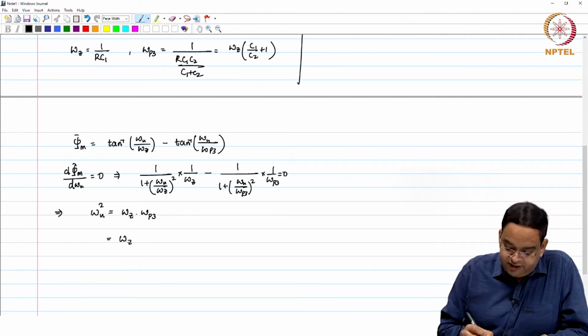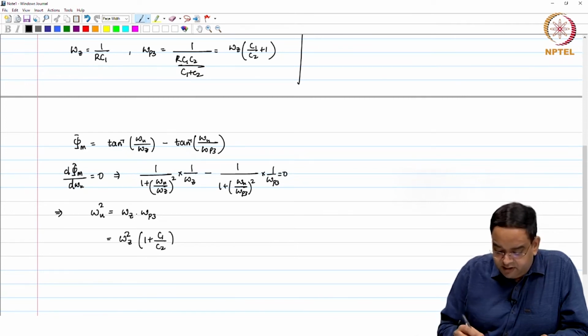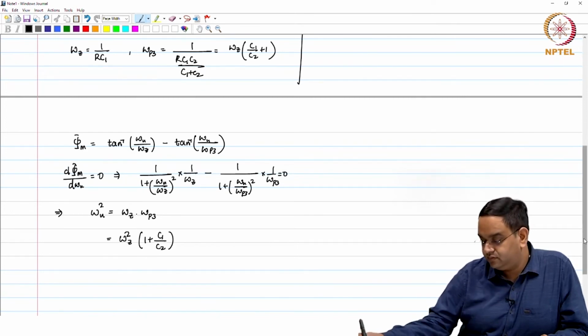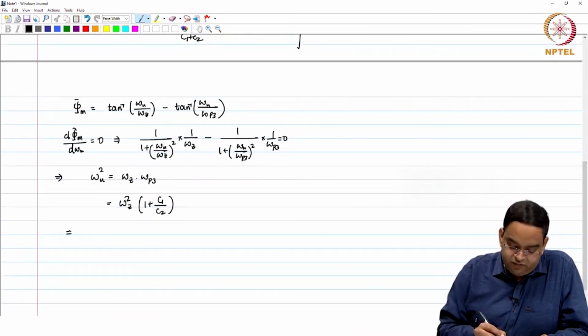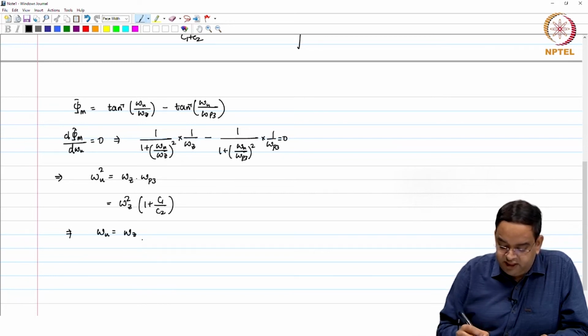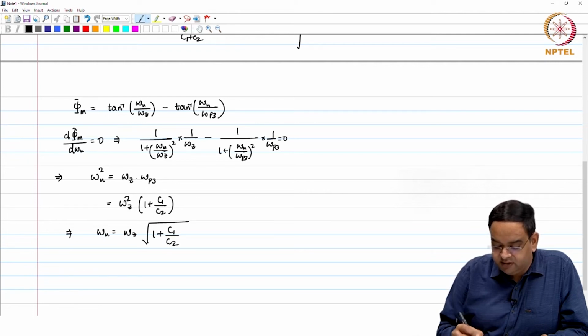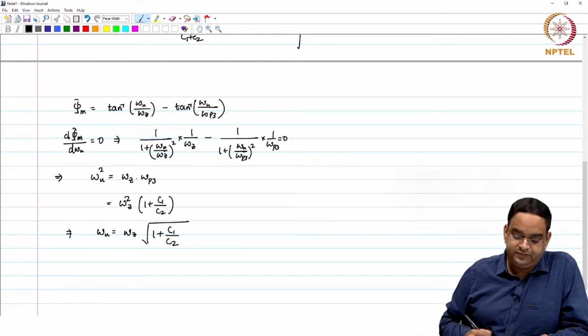So, this leads to omega u square equals omega z square into 1 plus C1 by C2, which implies that omega u is equal to omega z times square root of 1 plus C1 by C2.